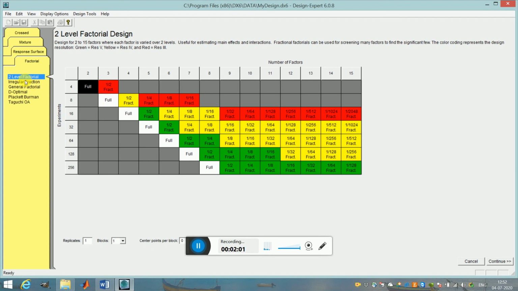So we are saying it is a two level factorial design, and here we'll go for full factorial. When I select full factorial, you can see 8 experiments I have to do for this analysis. If I want to repeat, I can select replications here, and accordingly the number of experiments will increase. Next you press continue.